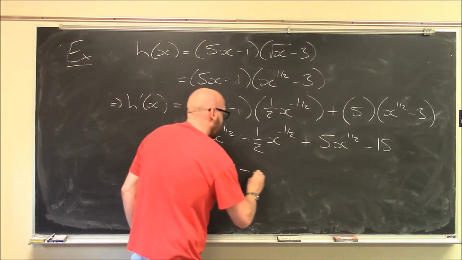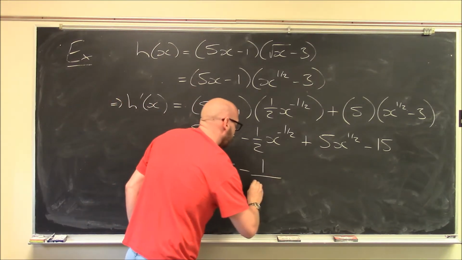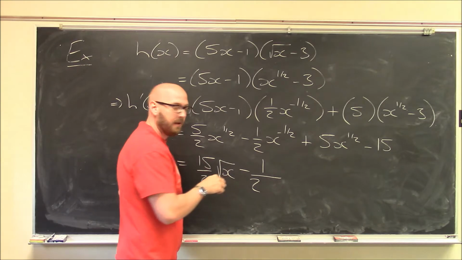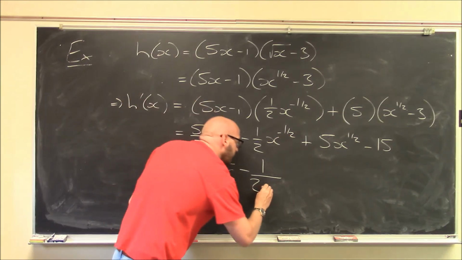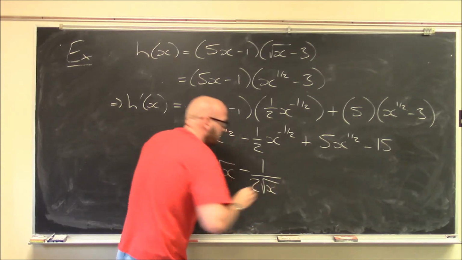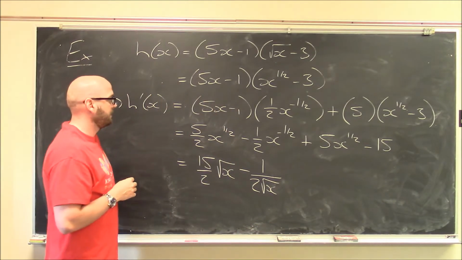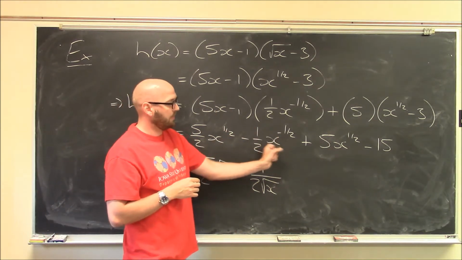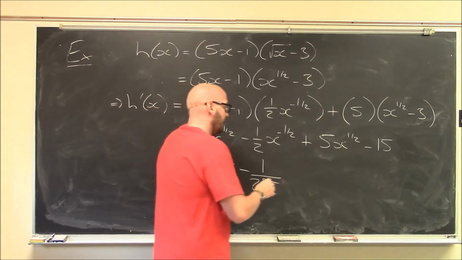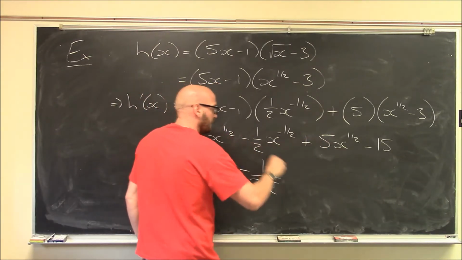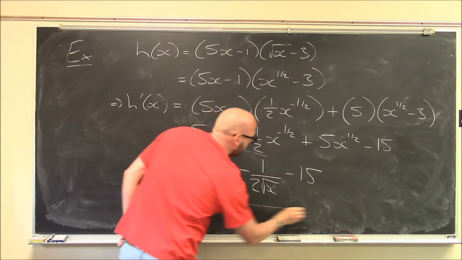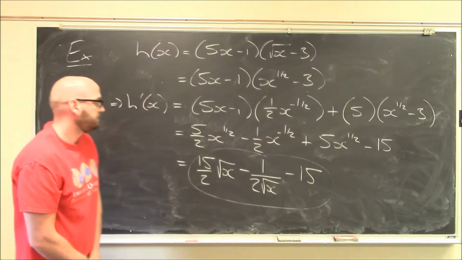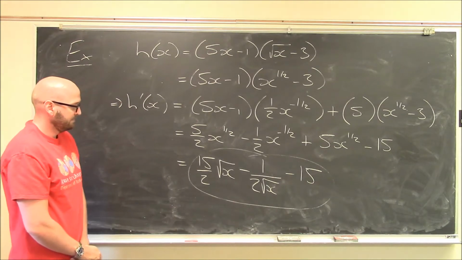Now we've got minus 1 over 2, there's the 1/2. x to the minus 1/2, if I write that as a square root, that's the square root of x, but in the denominator. It's 1/2 times 1 over the square root of x. And we grouped this with that one, so now we're just left with minus 15. And there's our derivative.